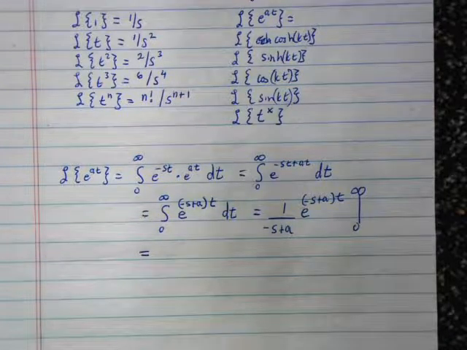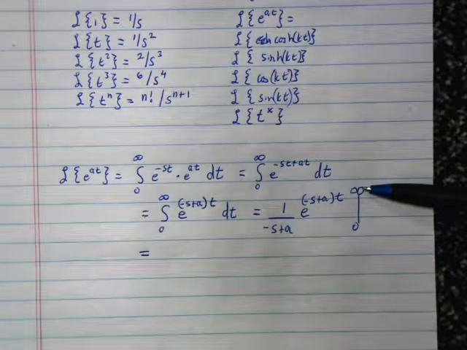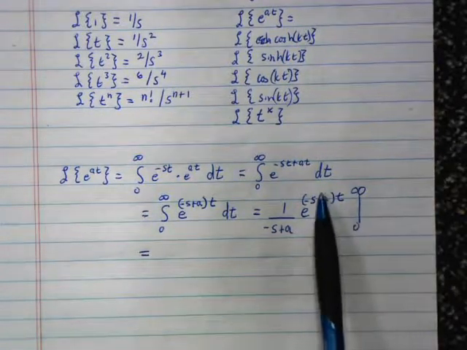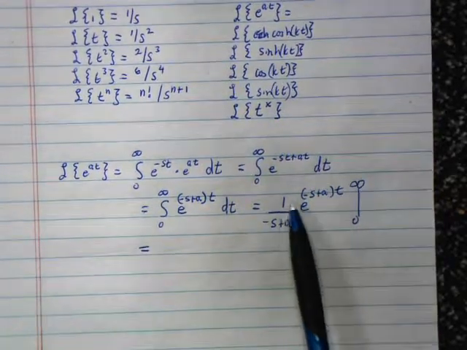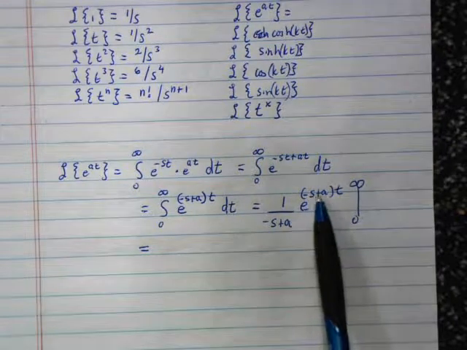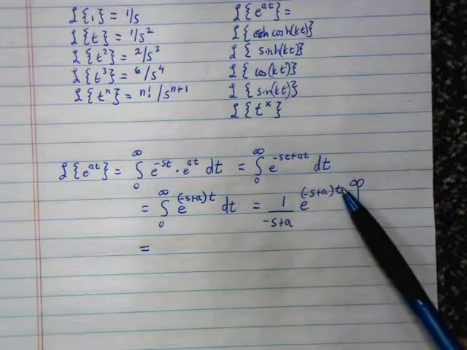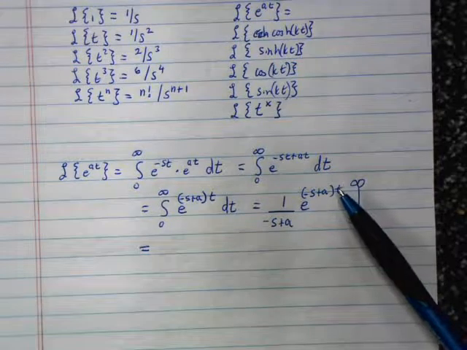All right. So now, what happens when t gets really, really big? What happens when t goes to infinity? It depends on the values. What we really need is negative s plus a to be a negative number. If negative s plus a is a negative number, then I end up with e to the negative times a really, really large number, that's getting close to e to the negative infinity, and that would be 0.